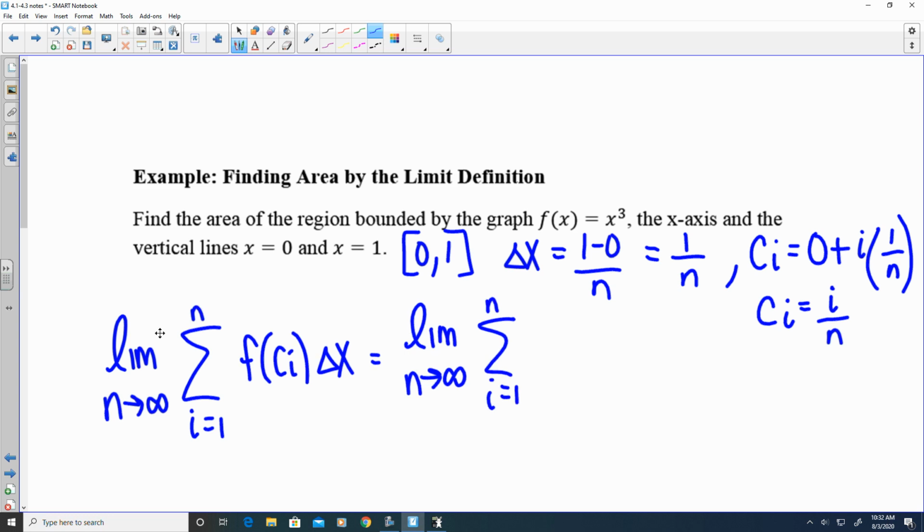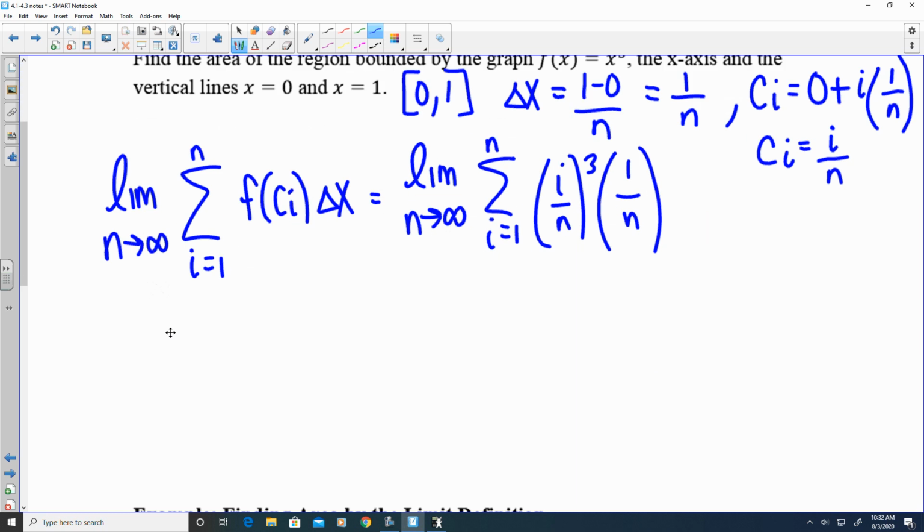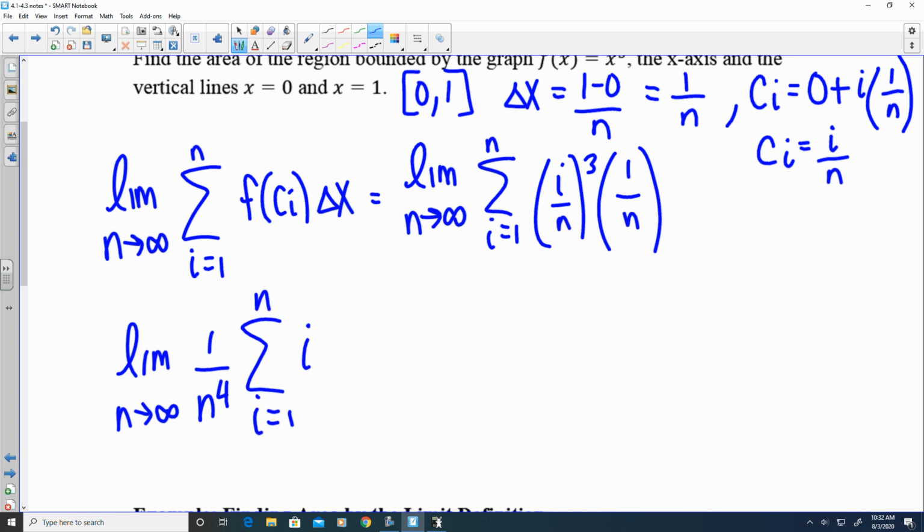So now I plug that CI into my function x cubed, I over n cubed, times delta x, 1 over n. Anything that's not an I or a constant gets brought out to the front. So we're taking the limit as n approaches infinity of 1 over n to the 4th, sum of I cubed.